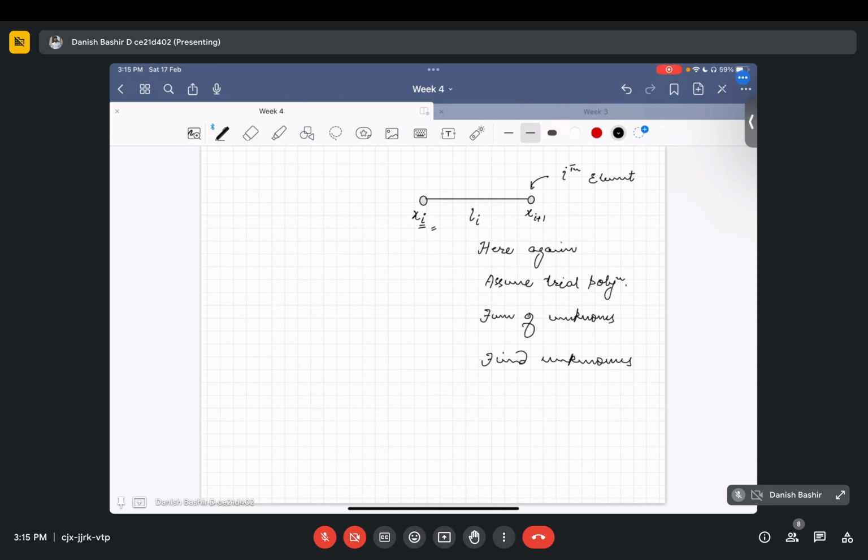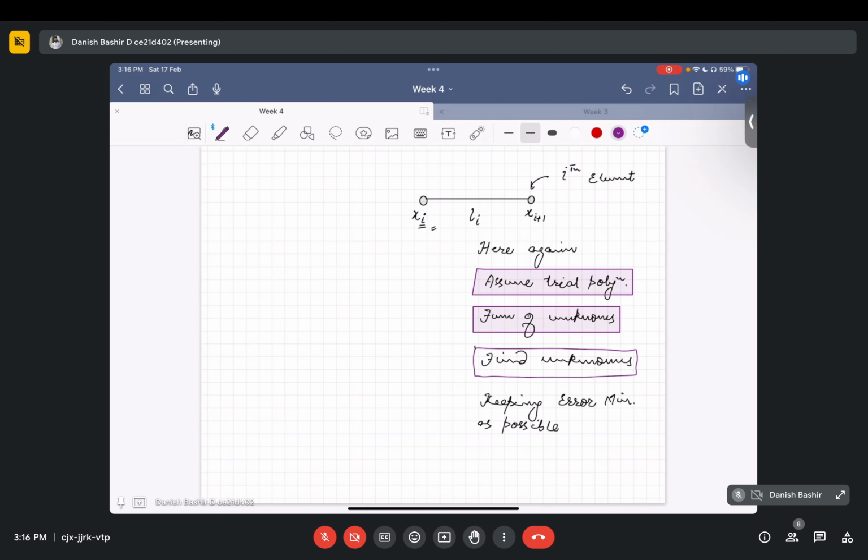We have to find the unknowns, keeping the error as minimum as possible. This is the basic idea behind this finite element. Assume a trial polynomial, which will be a function of some unknown constants. You have to find those unknown constants in such a way that the error between the exact and the assumed solution should be minimum. It is like this, then it goes to this step, then it goes to this step.